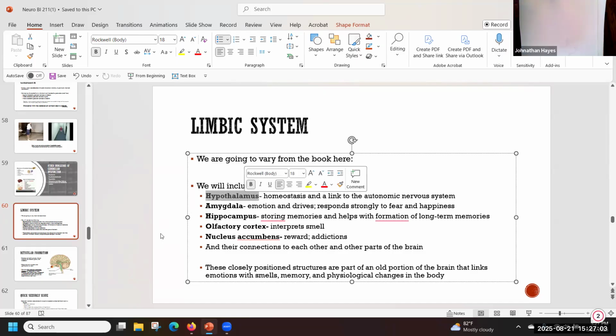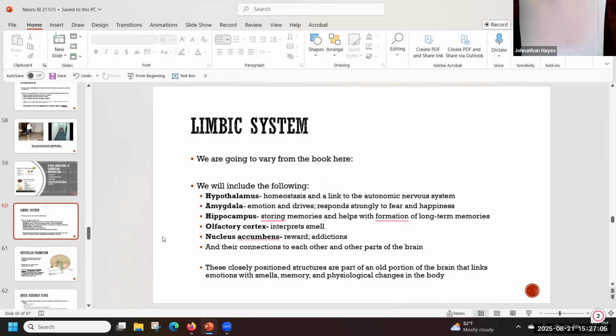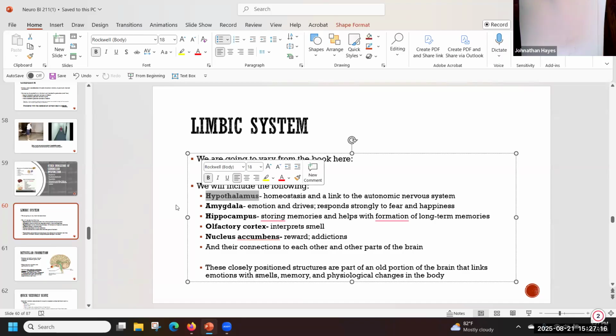So again, there's a lot of interconnections, but if we just go individually, like what are the different parts of the limbic system and what do they do? Again, hypothalamus ties into homeostatic function. It's our control center for homeostasis. The amygdala is what we think about with emotions and drives, and it more strongly responds to fear and punishment, but it also has some ties into happiness.